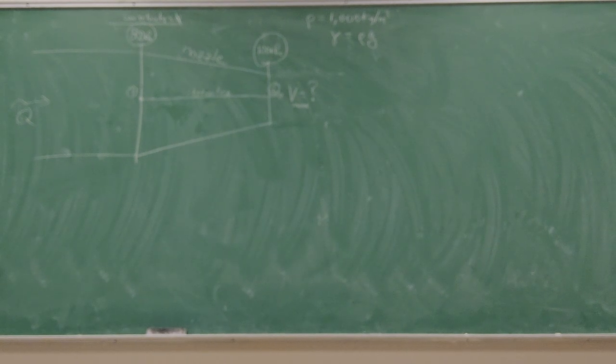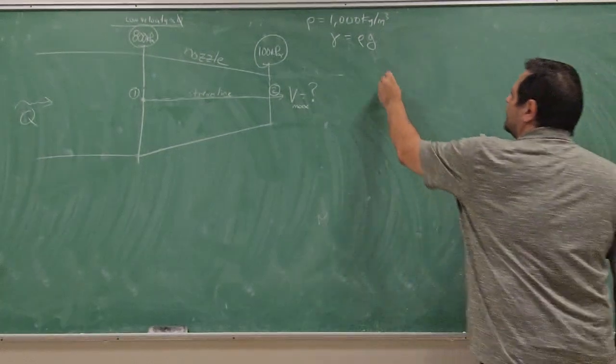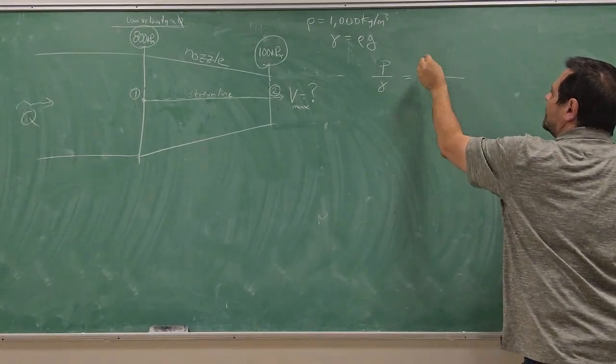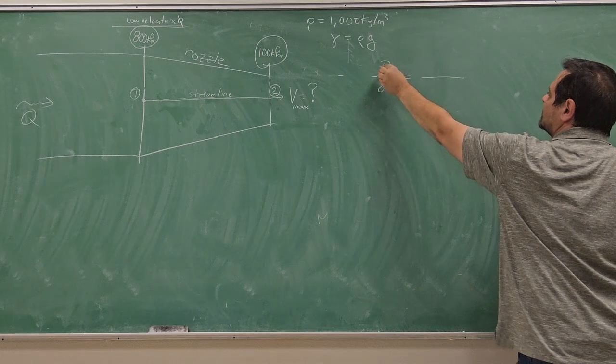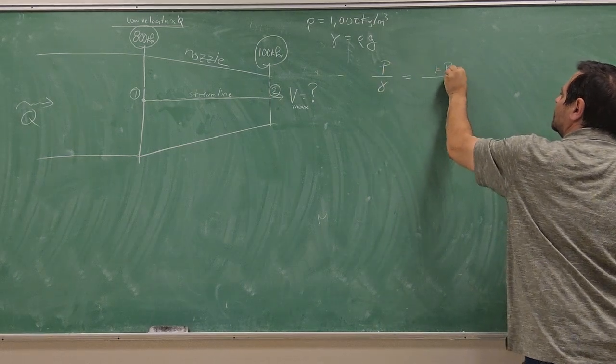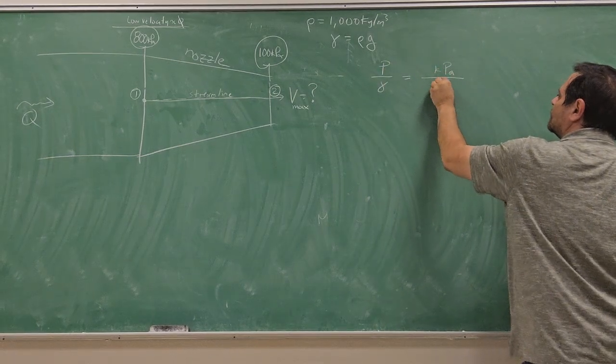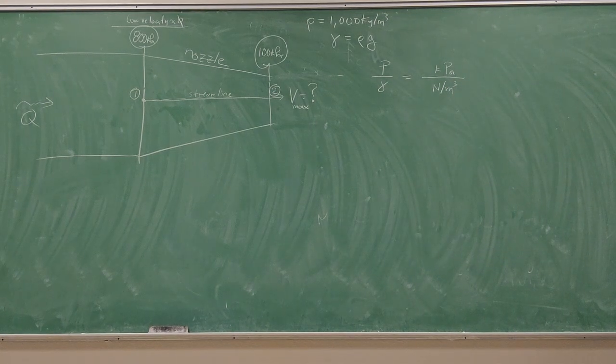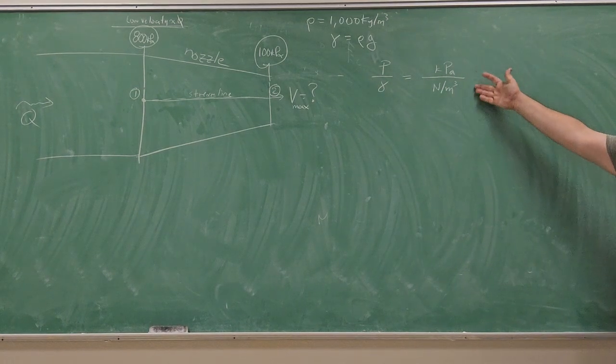P needs to be in Pascal and gamma needs to be in Newton per cubic meter, correct? This is important, so let's look at it. Let's say this is kilopascal and this is Newton per cubic meter. Say I gave you the pressure in kilopascal.